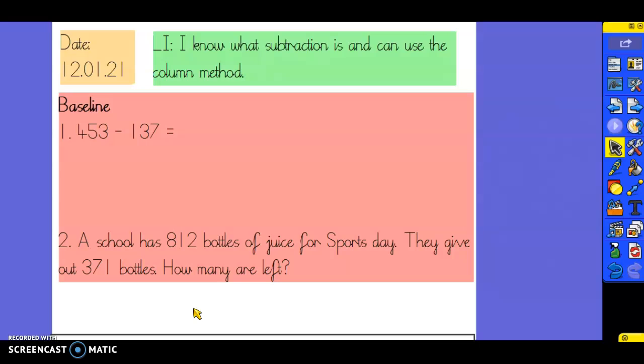Right, welcome back. Let's go through these baseline questions together. So let's look at the first one. 453 subtract 137. Again, using our column subtraction method, we can set this out nice and clearly, just like we've done.